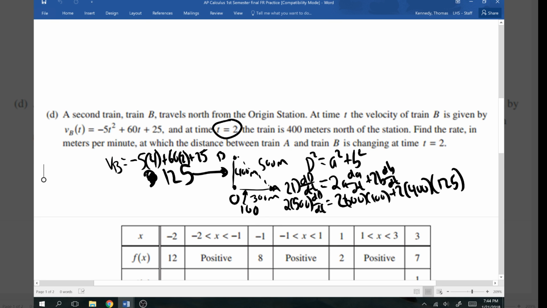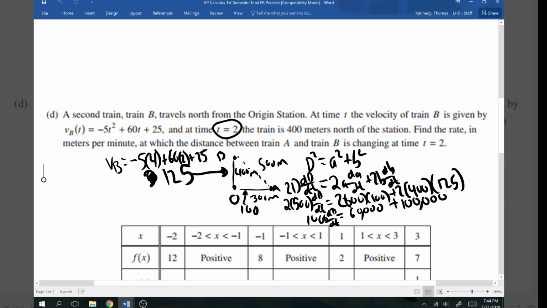And then, yeah, you just multiply all this out. You get 6 with 4 zeros. Here you get 8 times 125 is 1,000. So it's 1,000 with 2 extra zeros. So 100 grand plus 60 grand on this side, and on this side you get 1,000 dD/dt.